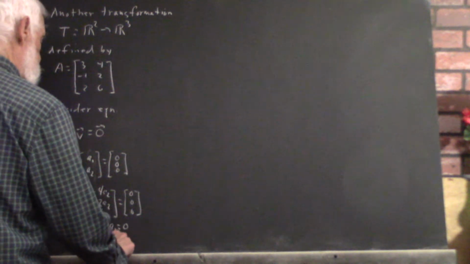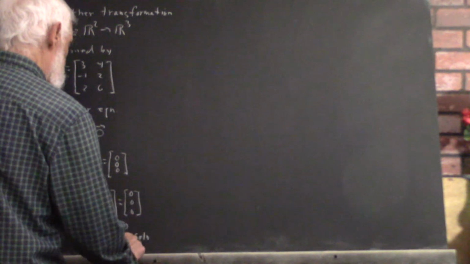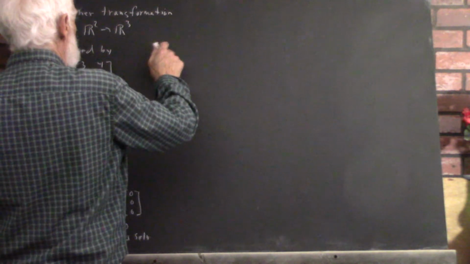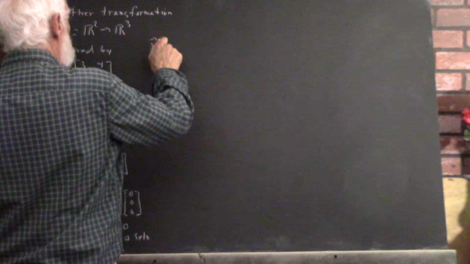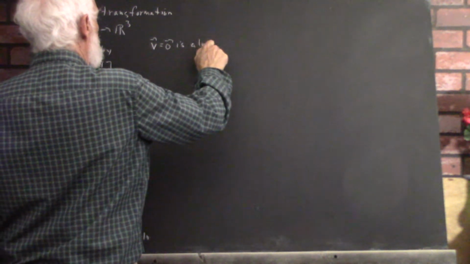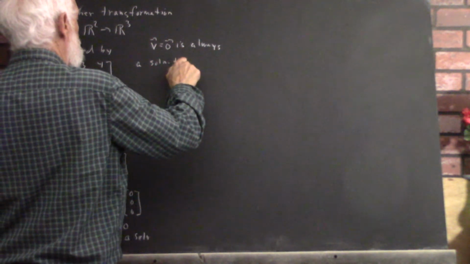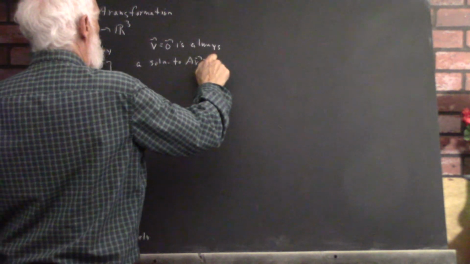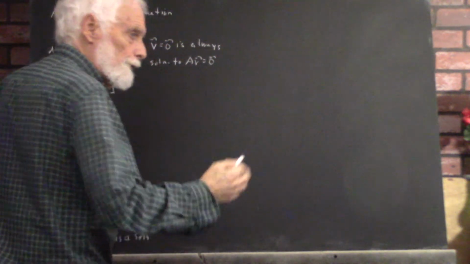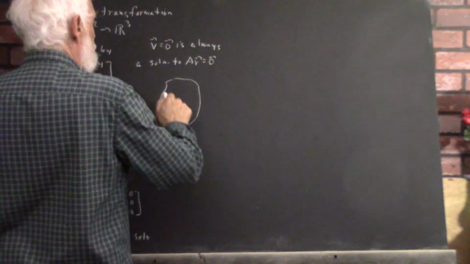So I'll say that V equals the 0 vector is a solution. V equals 0 is always a solution to AV equals 0, and that's something that doesn't surprise us a bit. We've known that sort of thing forever.